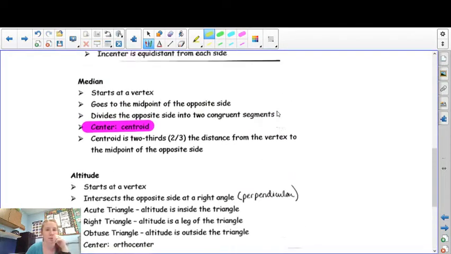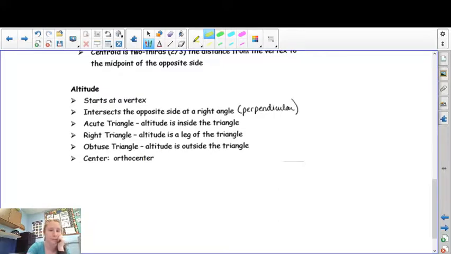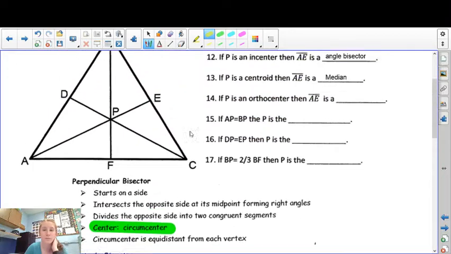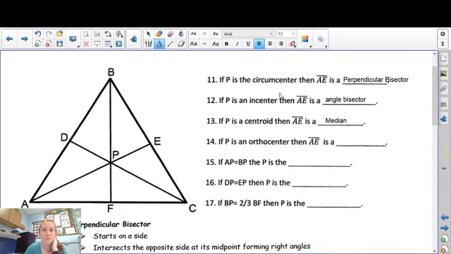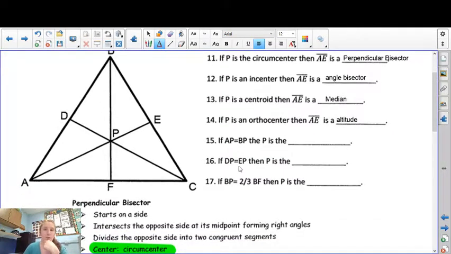Please, yellow. Nope. And it says if P is an orthocenter, then AE has to be the altitude. Okay.